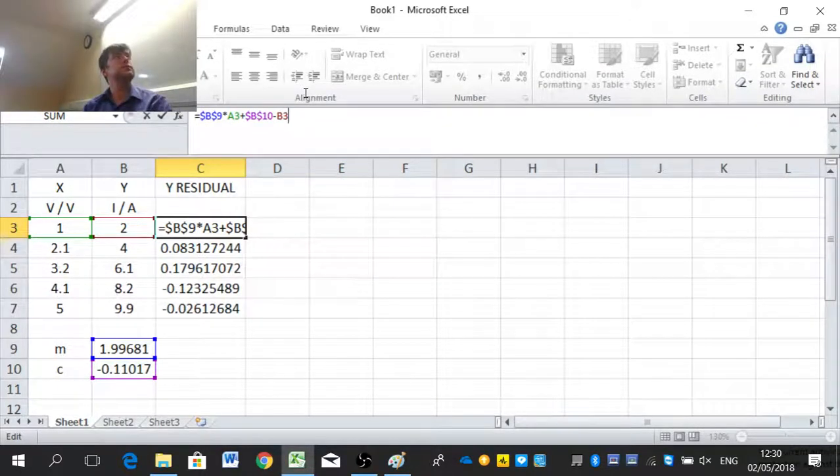So now the total formula is $B$9 times A3 plus $B$10 minus B3. The B3 is from the y section. So you're looking at the difference between the line and the point.